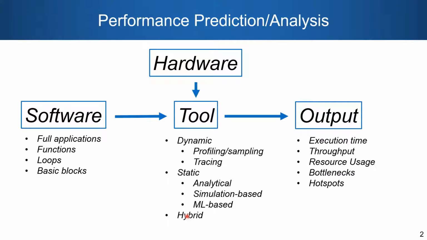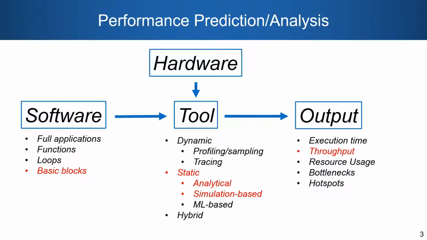And then these tools might produce different outputs. They might, for example, predict the execution time or the throughput of the software, or they might show the resource usage of the software, or they might try to identify bottlenecks or hotspots.